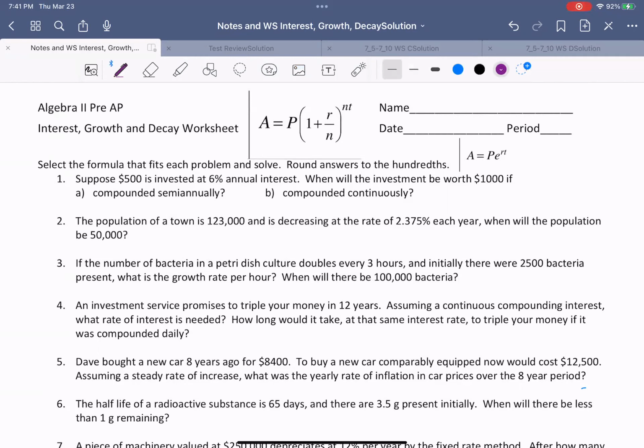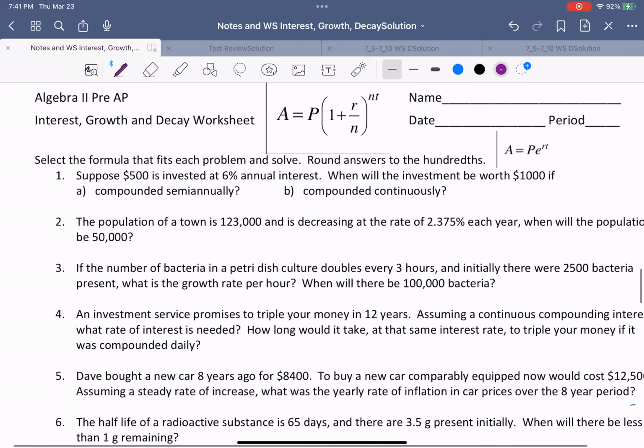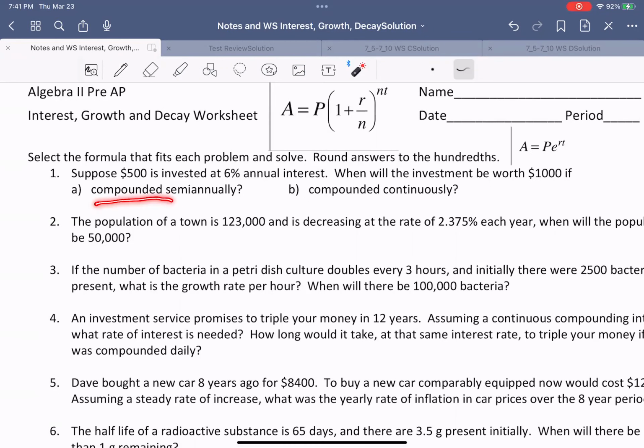Tell me, how did you do this one? Part A, go ahead. I did 1,000 equals 500 times 1 plus 0.06 over 2, to the power of 2t. 2 times t.